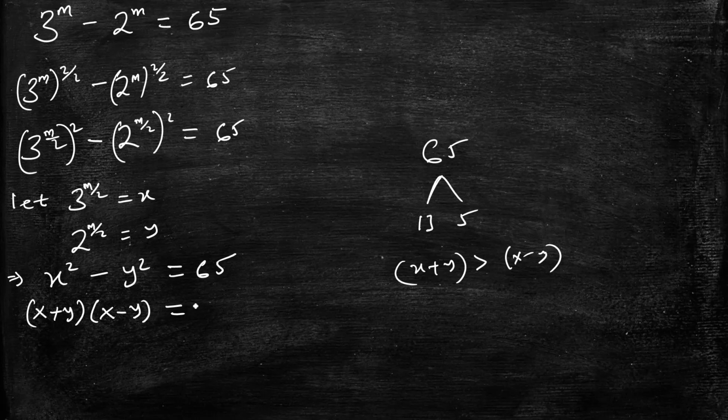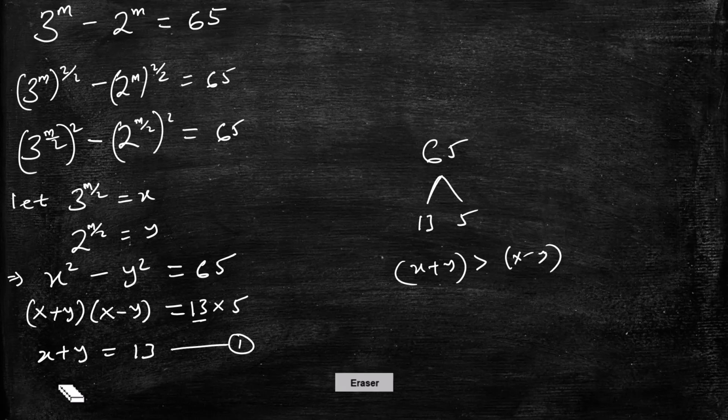So in 13 times 5, it means the 13 is equivalent to x plus y, then x minus y takes the 5. So we have x plus y equals 13, let's call it the first equation, then x minus y equals 5. As simple as that.